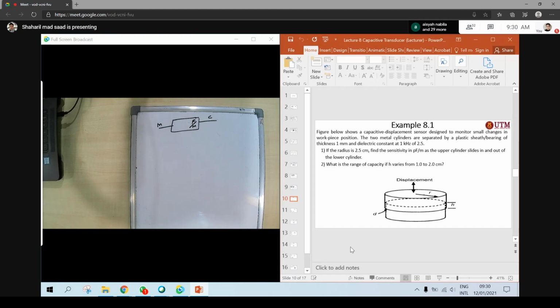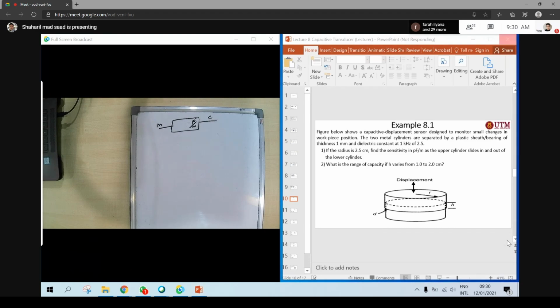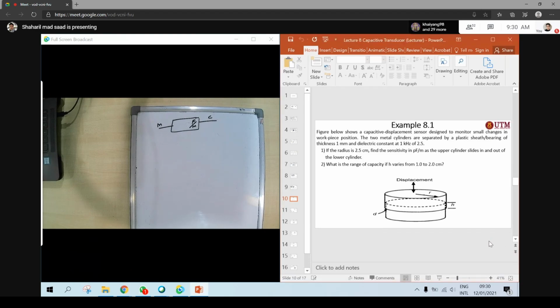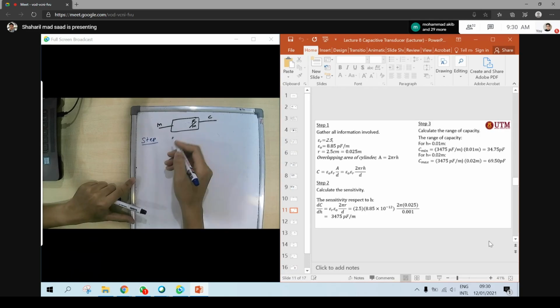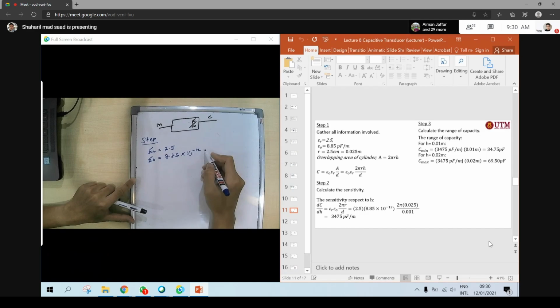Let's look at the solution. First step, gather all the information. The relative dielectric constant is 2.5, and the permittivity of free space is 8.85 times 10 to the power of minus 12 farad per meter.